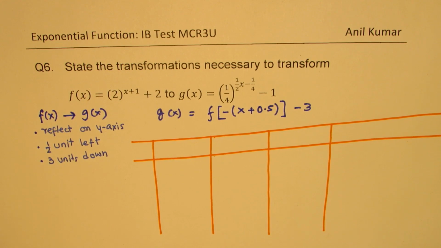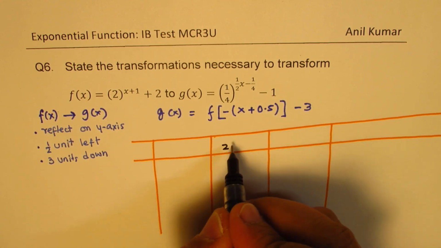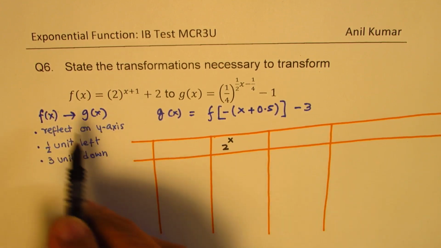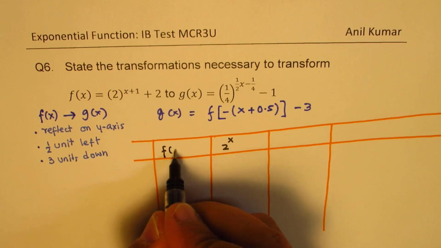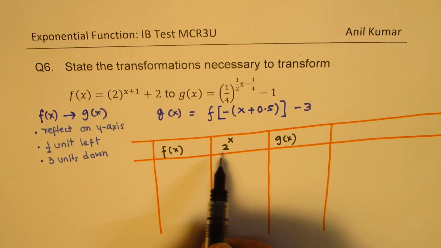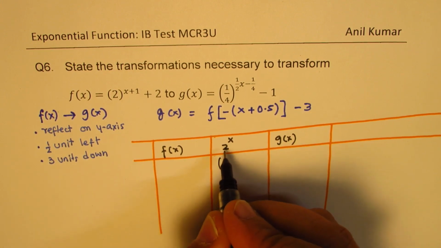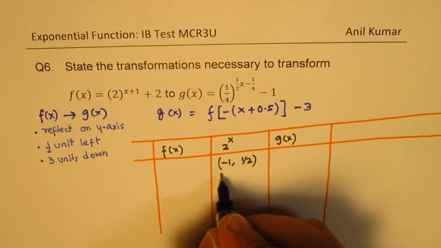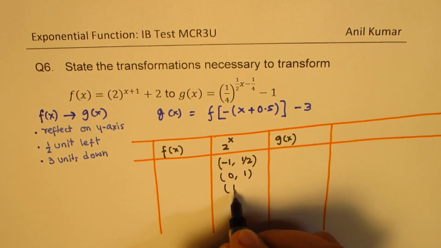So let's begin with the base function 2 to the power of x. From 2 to the power of x, we'll get our function f of x and also g of x. The points on 2 to the power of x which are always good to take: minus 1 will give us half, 0 will give us 1, and 1 will give us 2.